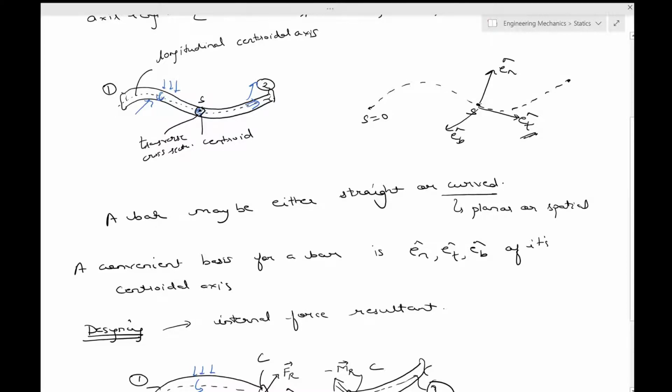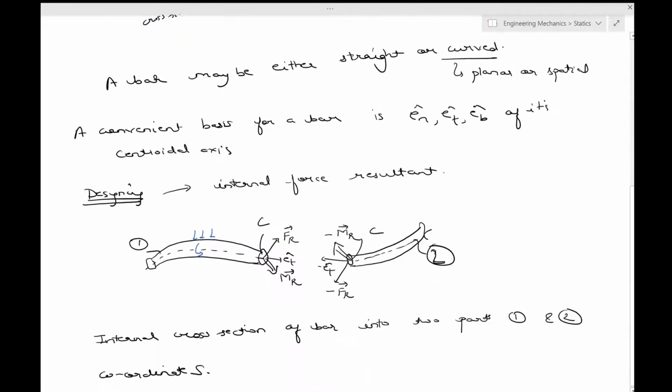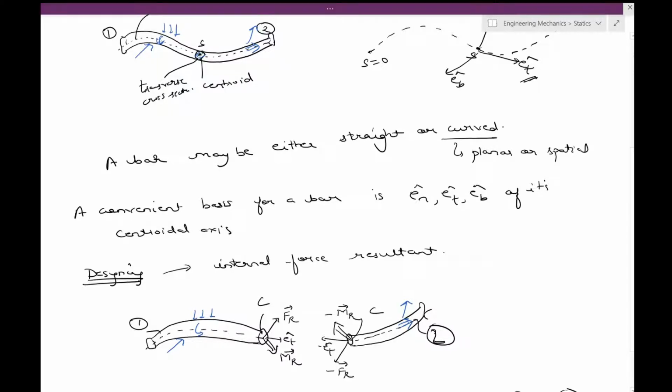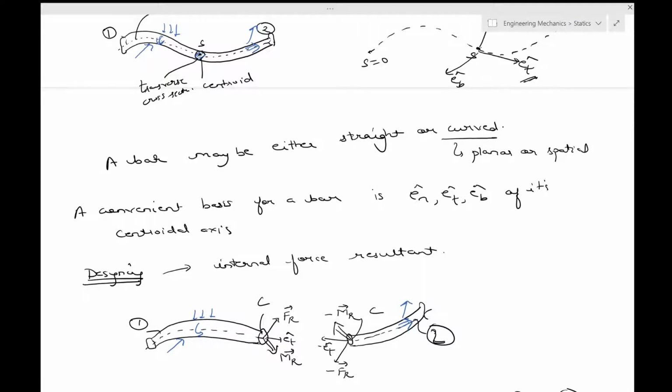So these were the forces which were acting on this bar, and I show them here as well. So we have the forces shown now in both the two parts individually, including the internal forces which have been shown using this hypothetical cut.